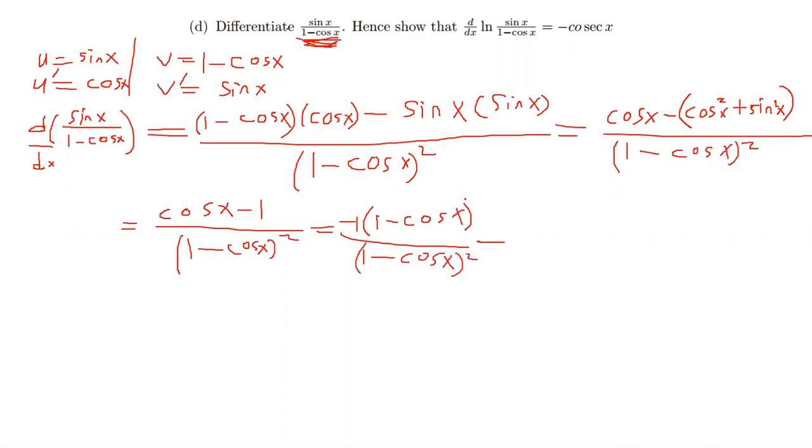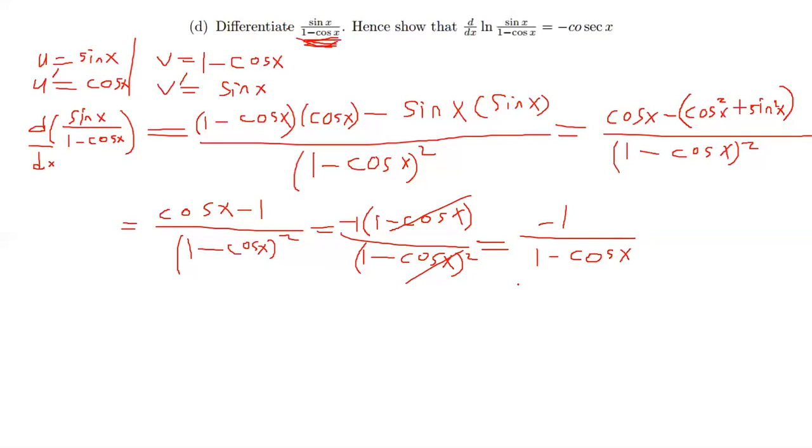So you can see that one of these can cancel, meaning we'll just remain with negative 1 over 1 minus cos x. So this is going to be our expression for dy dx. Yeah, so this is going to be our derivative.